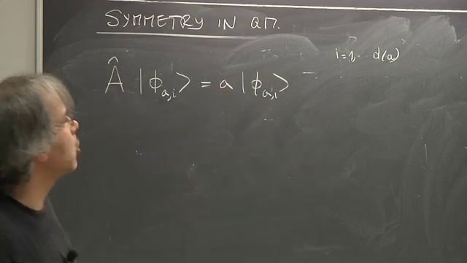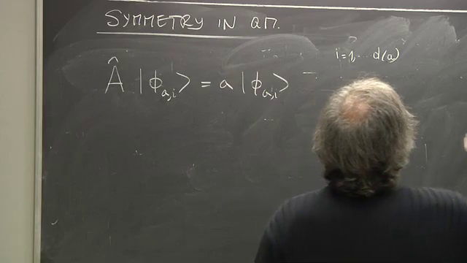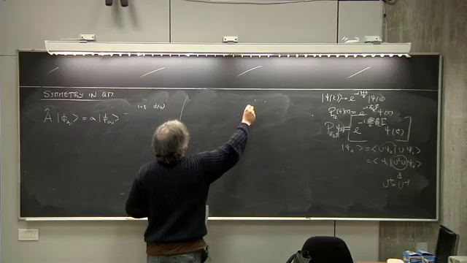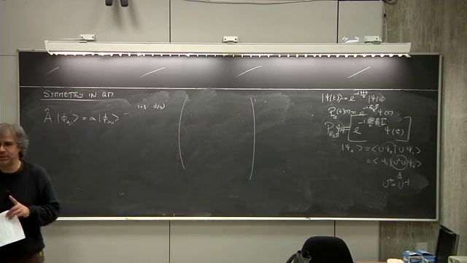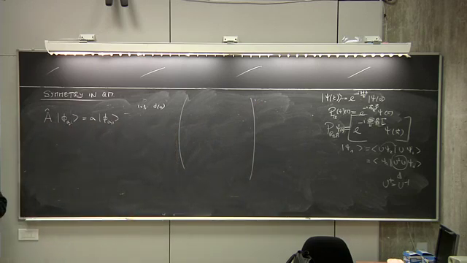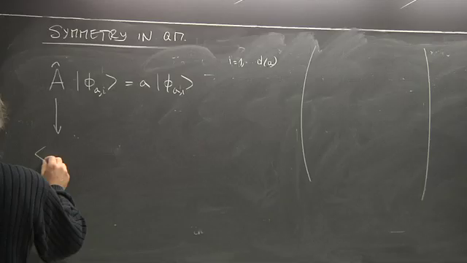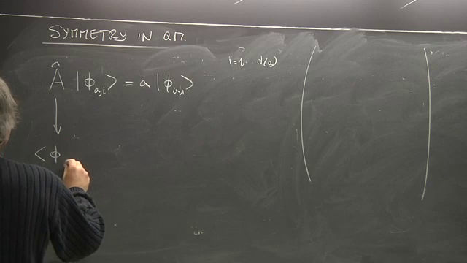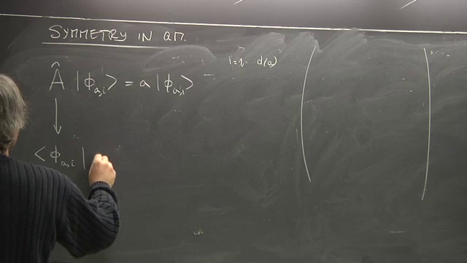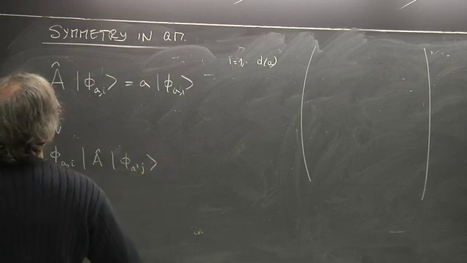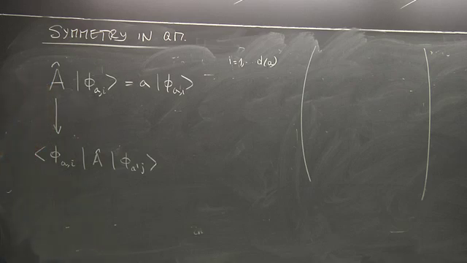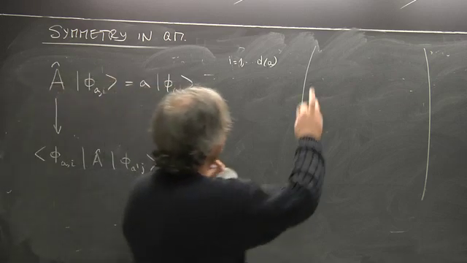So if I represent this as a matrix, you know that once I have a basis, I can associate to any operator a matrix, in general infinite. How do I do it? I have this operator. I calculate the matrix element between phi A I and phi A prime J. In general, this will become an infinite matrix.